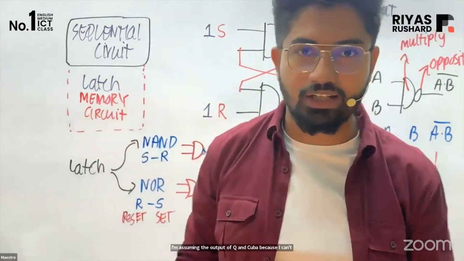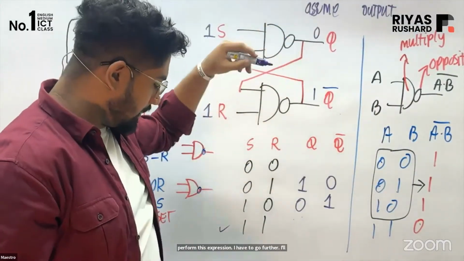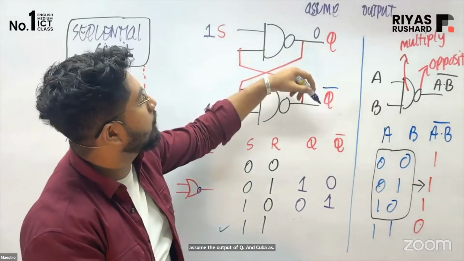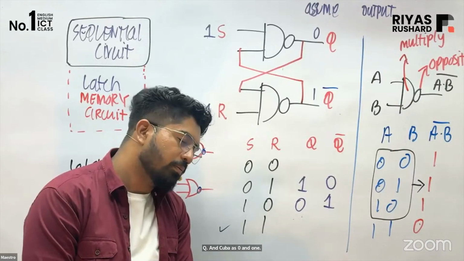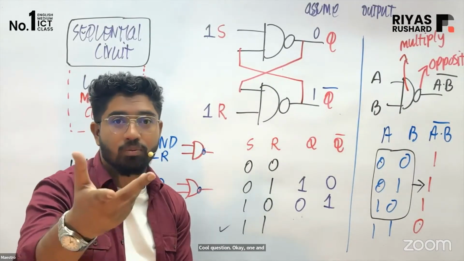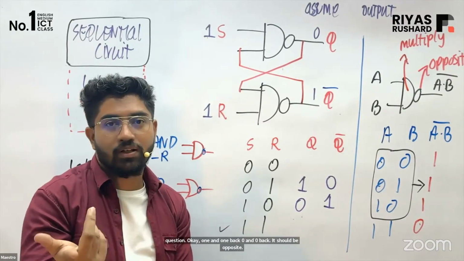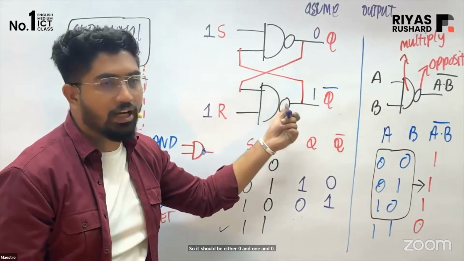I have to go further. Can I assume 1 and 0? 1 and 1 or 0 and 0 can't be, it should be opposite. So it should be either 0 and 1, or 1 and 0. Why am I assuming it? Because I can't do the calculation.